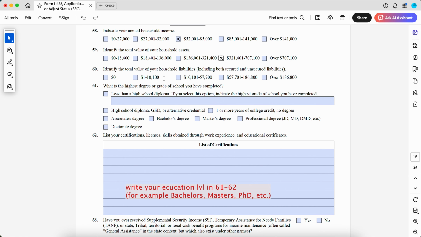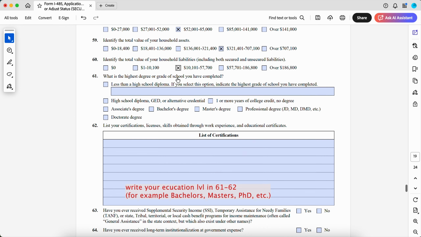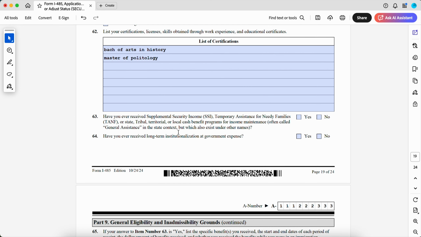And liabilities means credits that you have, money that you owe, everything. And then, have you ever received supplemental security income, SSI, temporary assistance for needy families?